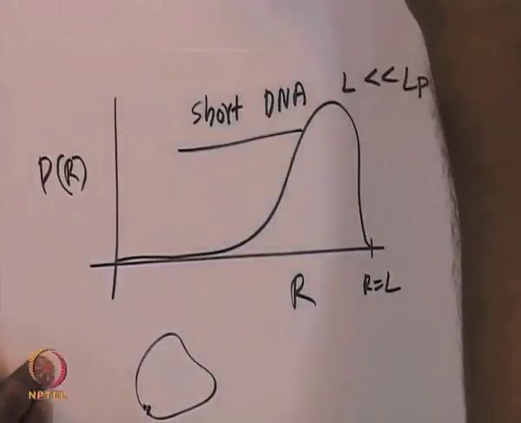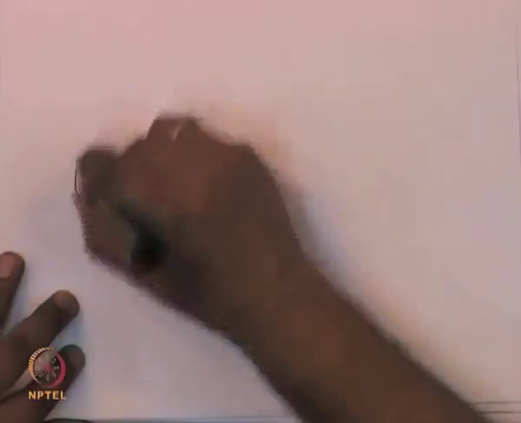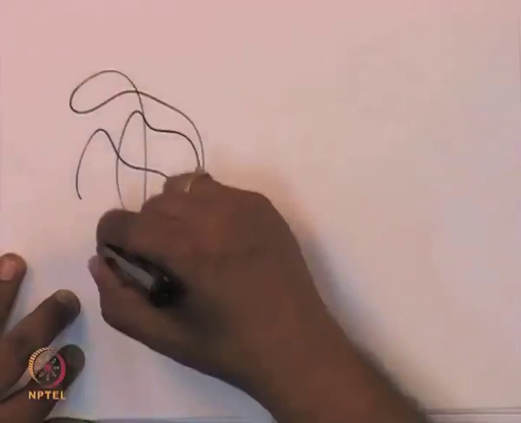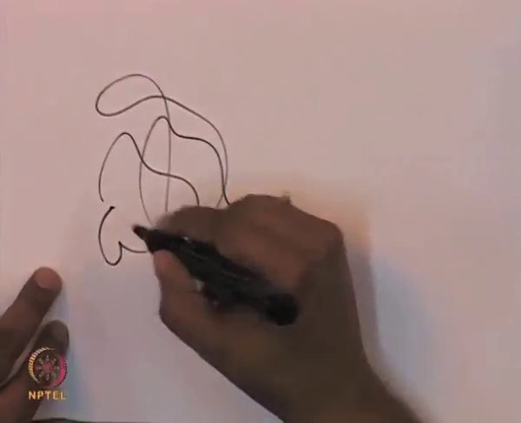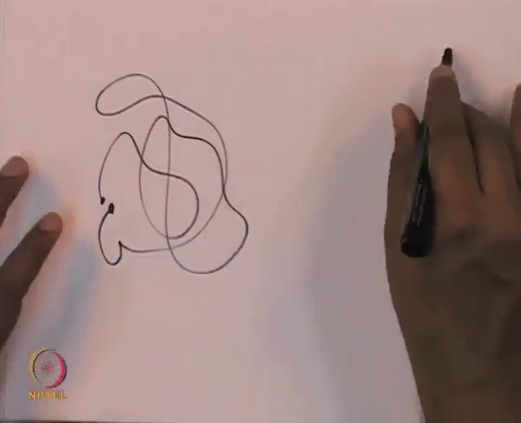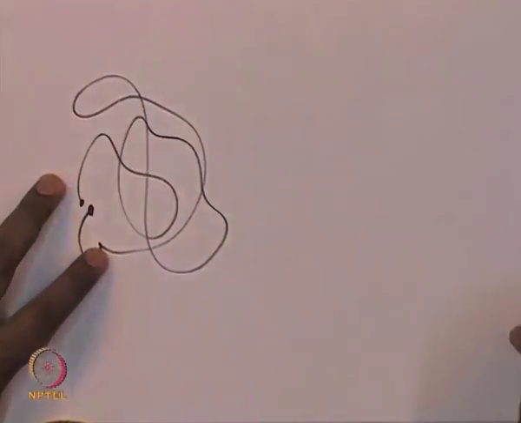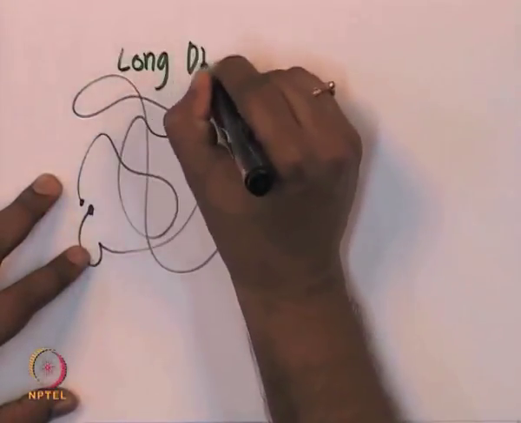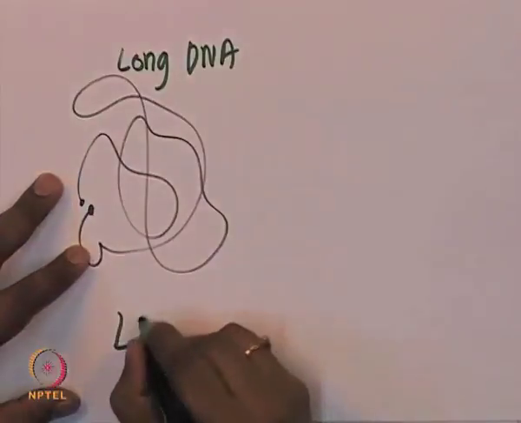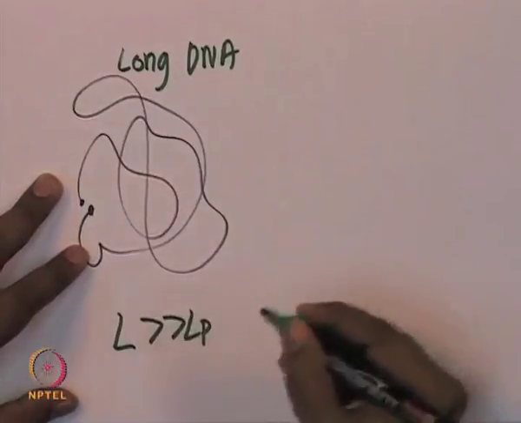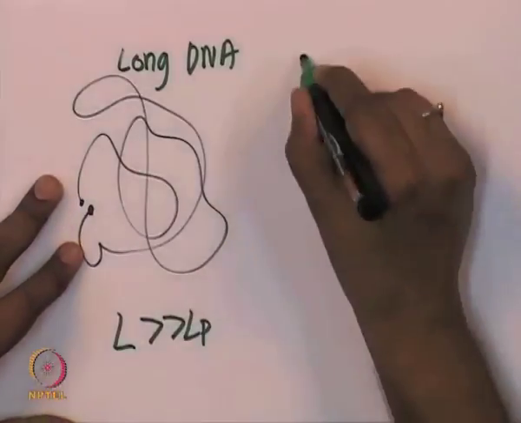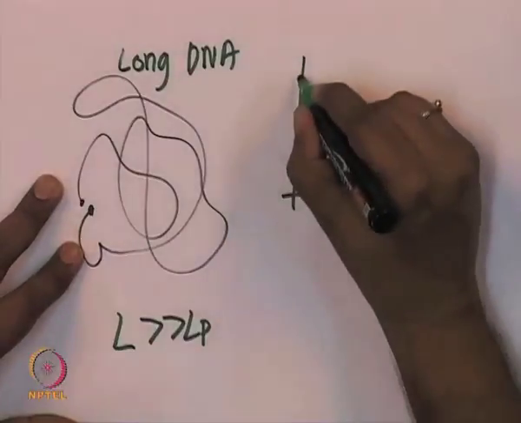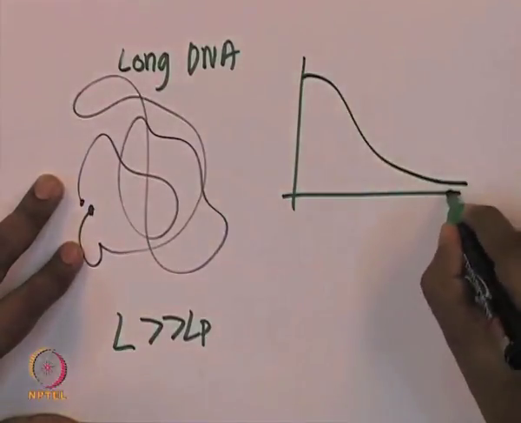For a very long DNA, you can imagine that it will take all kinds of shapes, so it is highly probable that these two ends come together. So, for long DNA, when the length of the DNA is much greater than the persistence length, the distribution will look something like this.